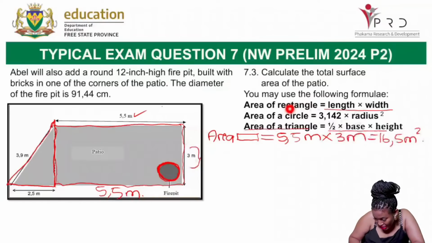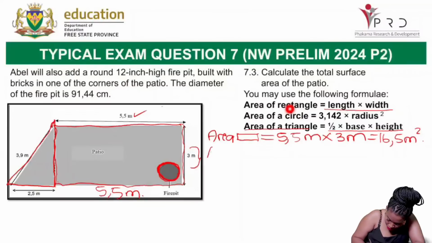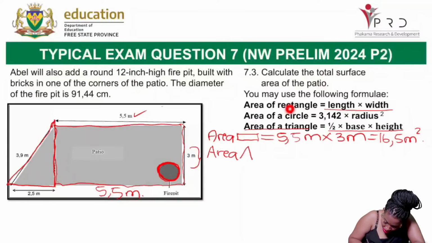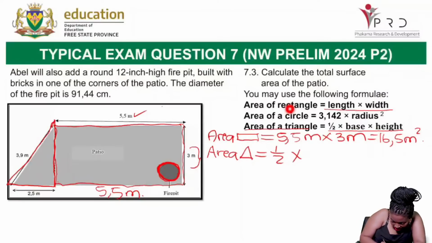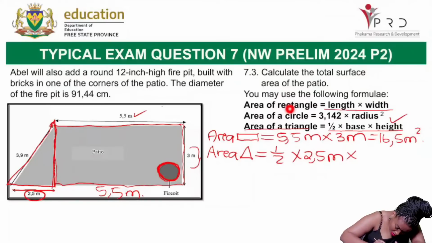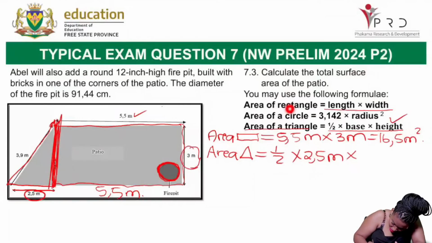Let us now do the area of the triangle. I'm not going to do the circle yet. That is easier. Let's say you are in the exam. You work with what you have. So the area of the triangle is equal to half times the base. This is the base. The base is 2.5 meters. Multiplied by the height. This is the height. So remember, this height is the same as this 3.